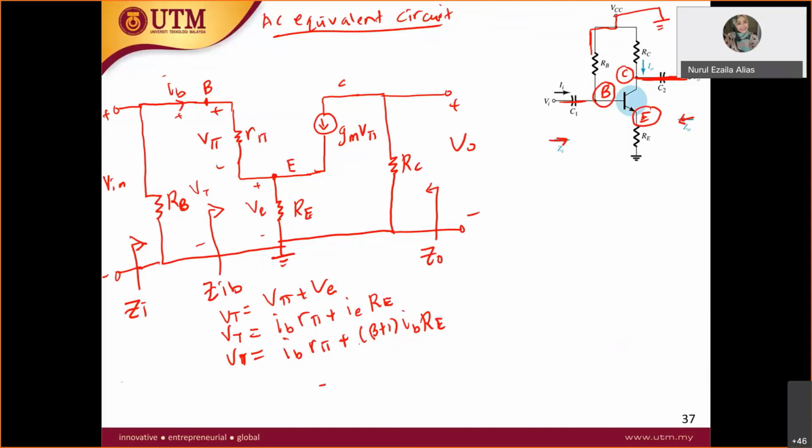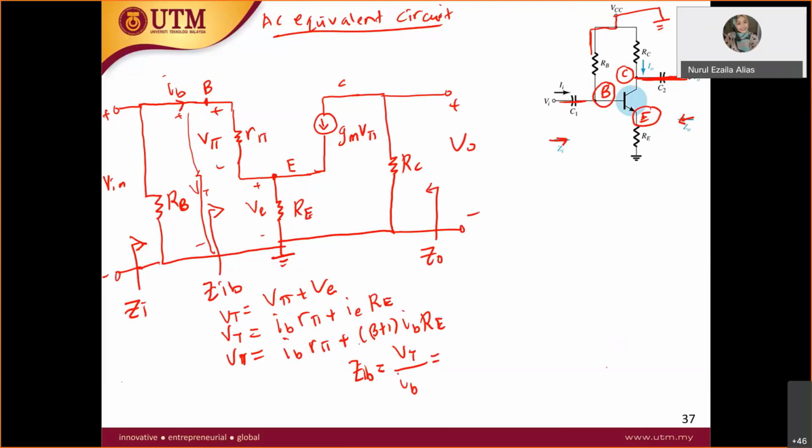So VT here is equal to Z in B, we might say. Z in B is equal to the V total here. From this node you have V total over current in, which is IB. So Z in B is equal to VT over IB.